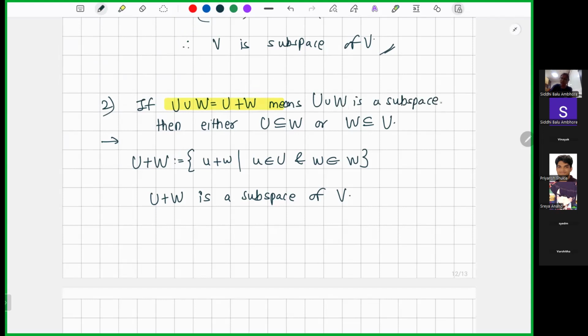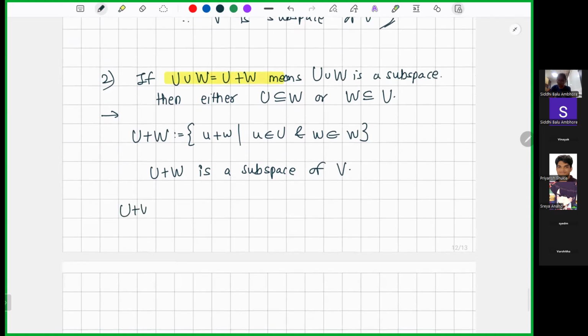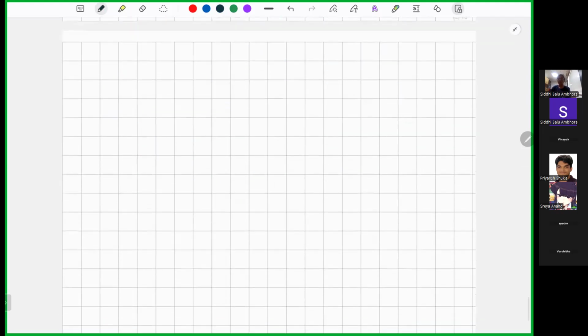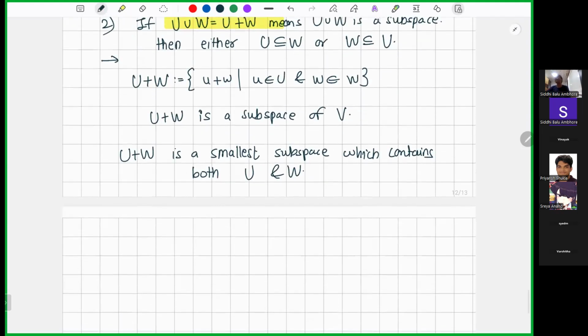And what kind of subspace is it? It is the smallest subspace. So U plus W is the smallest subspace which contains both U and W. And again, if you check the assignments, they ask why such a smallest subspace exists.